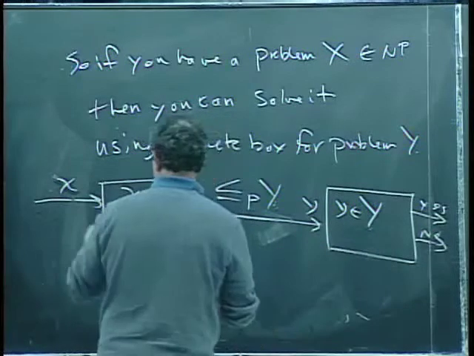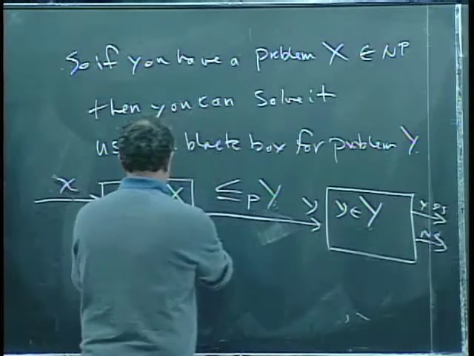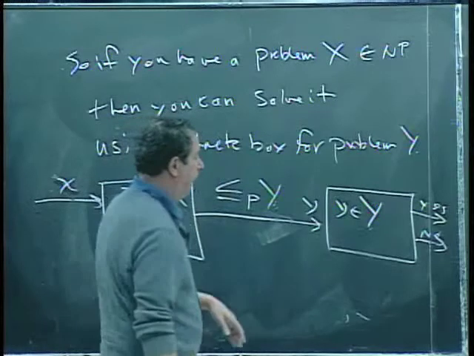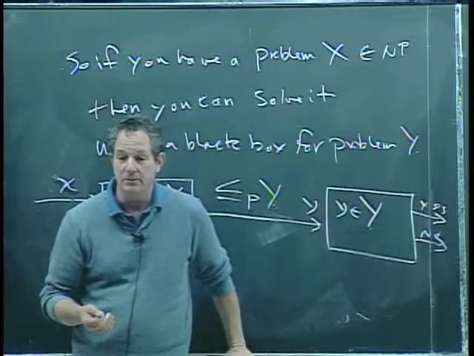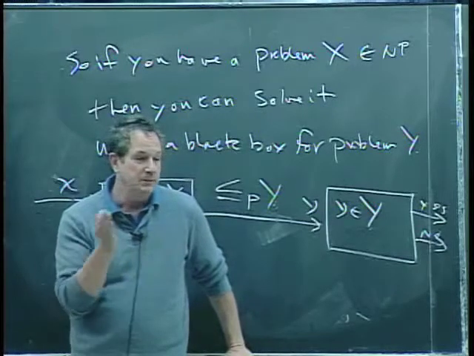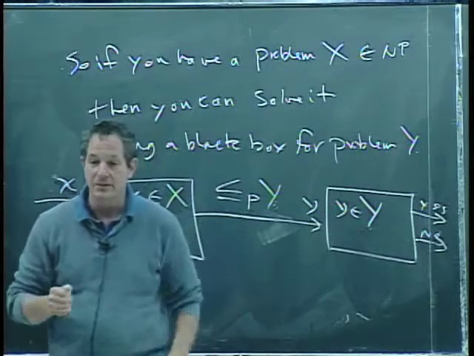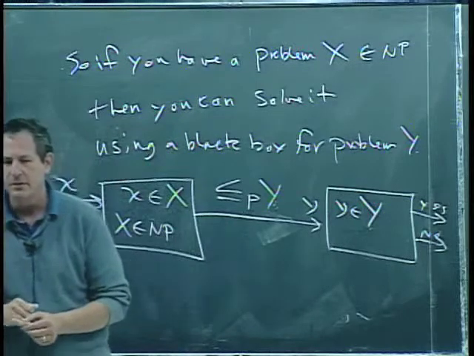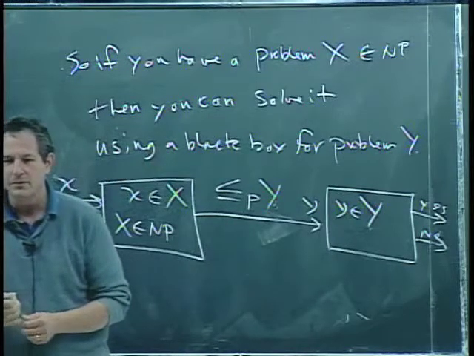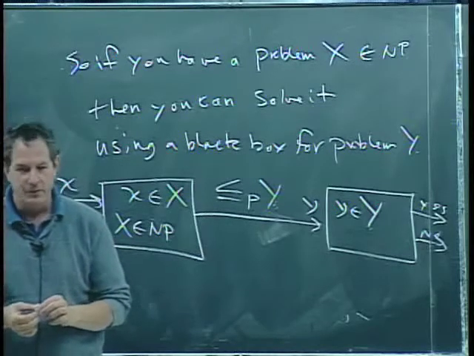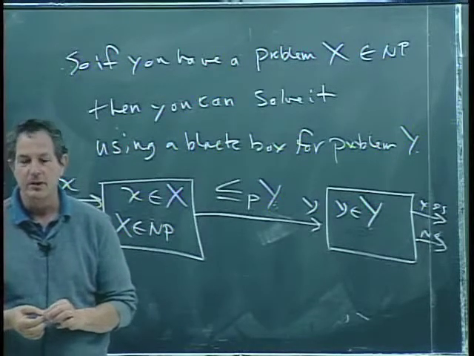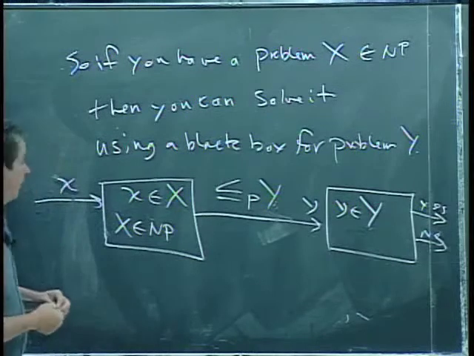So how do you then show that there's a polynomial time algorithm for solving problem X? You reduce X to Y, and use Y to solve it. Exactly, yeah. You reduce X to Y in this case.